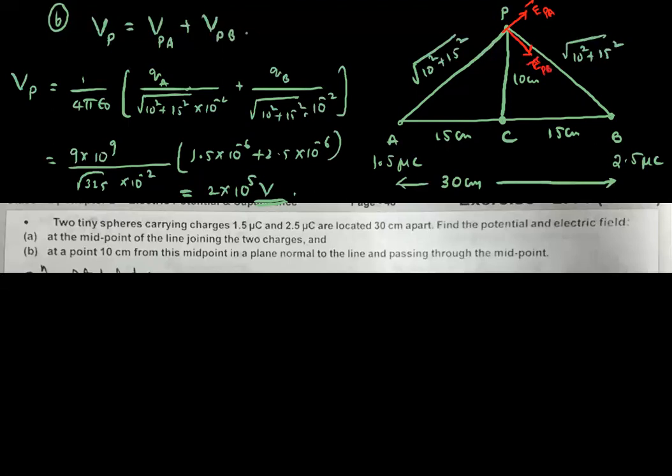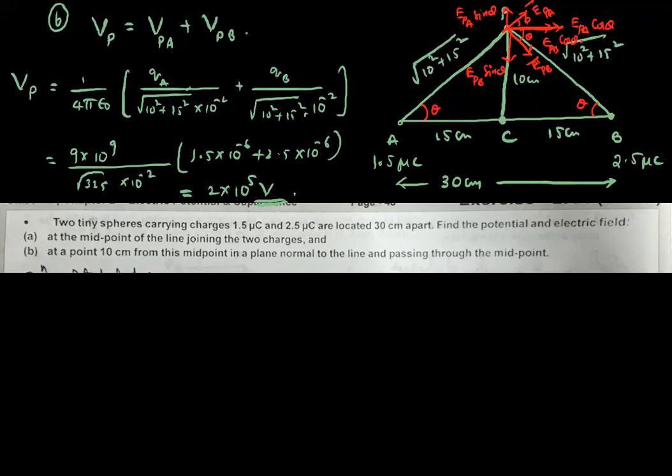Now, what is the net electric field? Suppose this angle is theta, this was also angle theta. If I take a horizontal line, this was theta and this was also theta. Then if I resolve into components, this is EPA cos theta and EPA sin theta, and resolving this one, this is EPB sin theta and EPB cos theta.